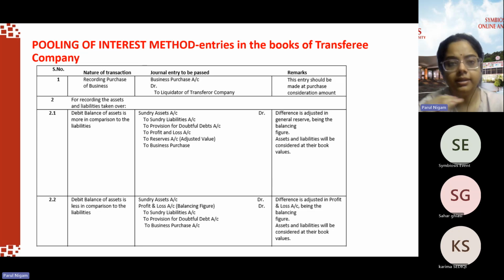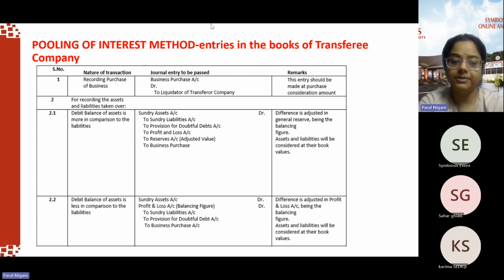Now, if you are purchasing a business, first of all, you debit business purchase account because it's a purchase. Then you credit either cash or bank, as you are paying. But in case of liquidation, the liquidator will be the single point of contact for that entire process. So you are going to credit liquidator. Whatever money you need to pay, you will pay to that liquidator. The liquidator will sell off the assets, and then pay the entire amount in the preferential order, if you remember from yesterday's session.